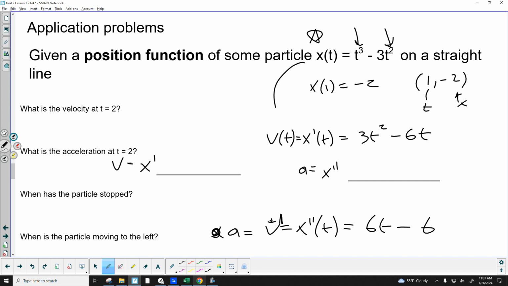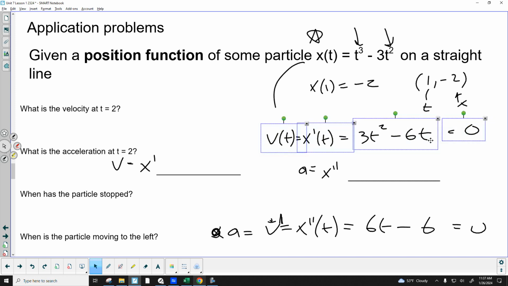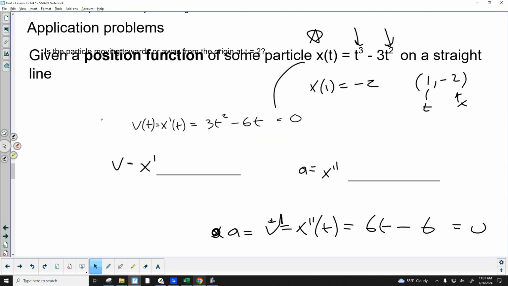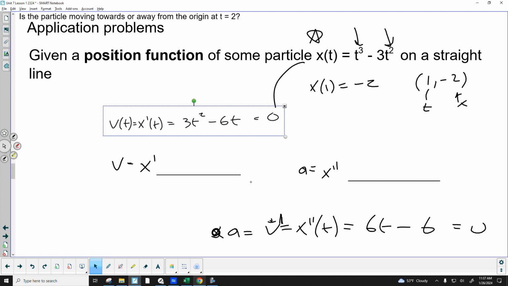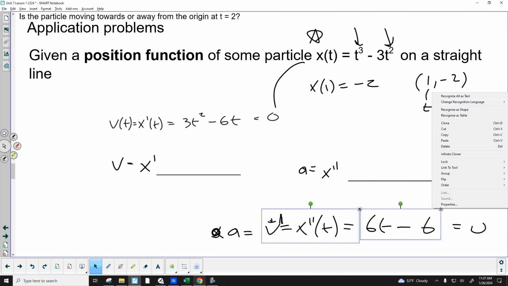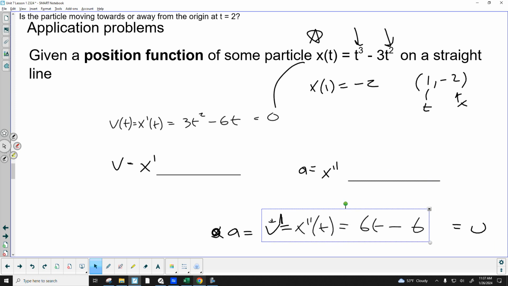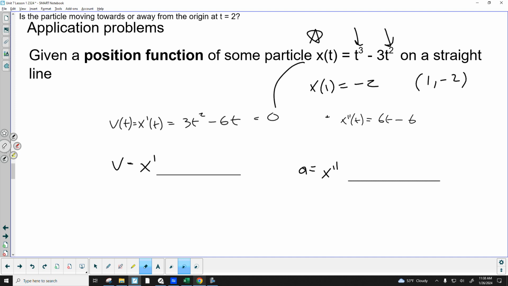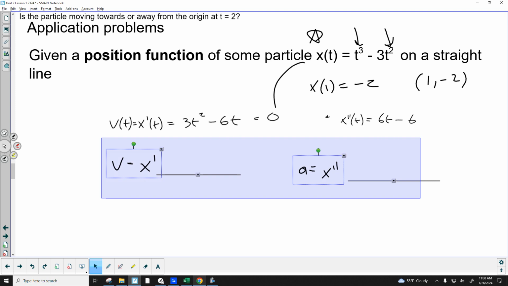Take your derivative, set it equal to 0. Go. Give me a sign analysis of v and a.